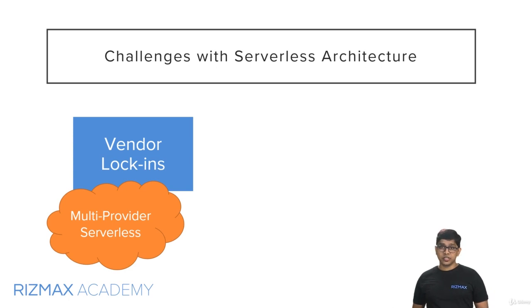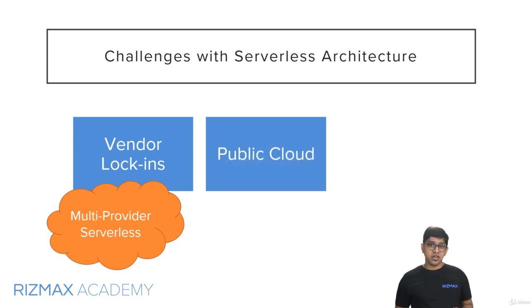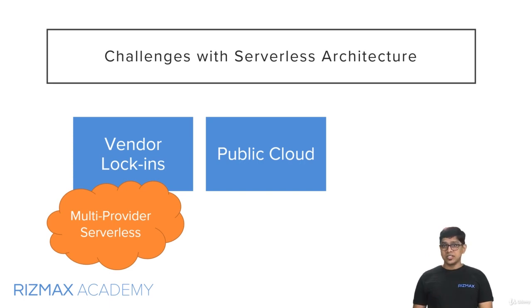Another concern with serverless is the public cloud. The serverless architectures run on the public cloud. So some use cases or industry-specific regulatory requirements may be a deterrent to using the public cloud. These cases might be very few, but then again, if your use case lies in this category, then serverless may not be a good fit.